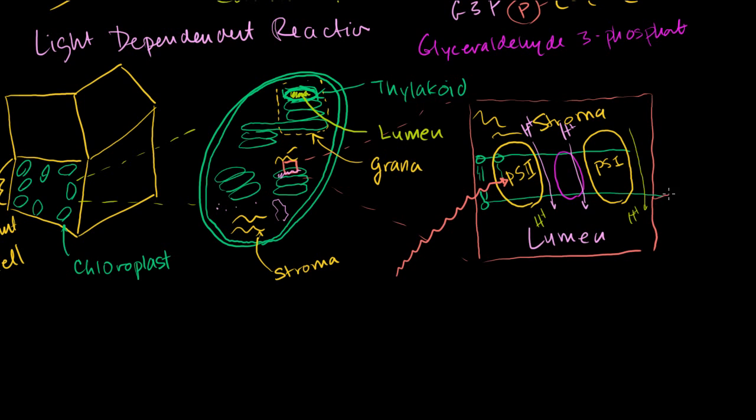So it's the exact same. Let me see if I can draw that ATP synthase here. You might remember ATP synthase looks something like this. Here you have a huge concentration of hydrogen protons, so they want to go back into the stroma from the lumen, and they do. They go through the ATP synthase. Let me do it in a new color. These hydrogen protons make their way back down the gradient, and as they go down the gradient, it's like an engine.